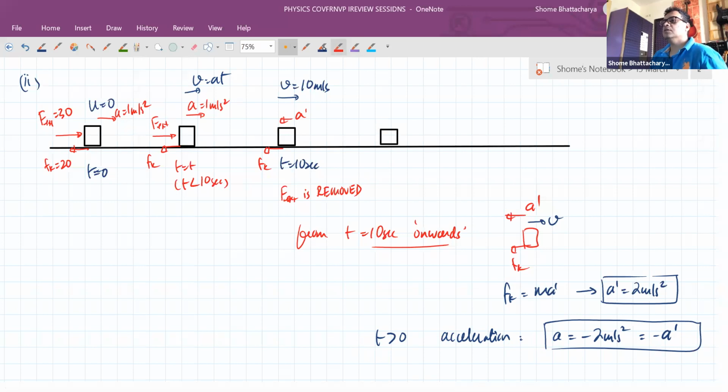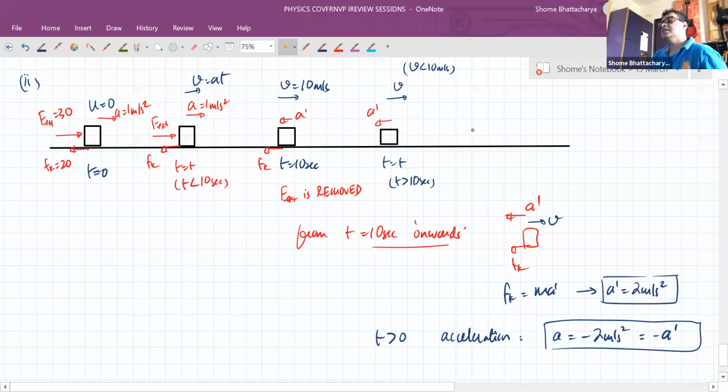So at some time greater than 10 seconds, because of this acceleration, the velocity is now reducing. V would have become less than 10 meters per second. At some point of time, we have to find out when the velocity becomes 0. So the block comes to rest.